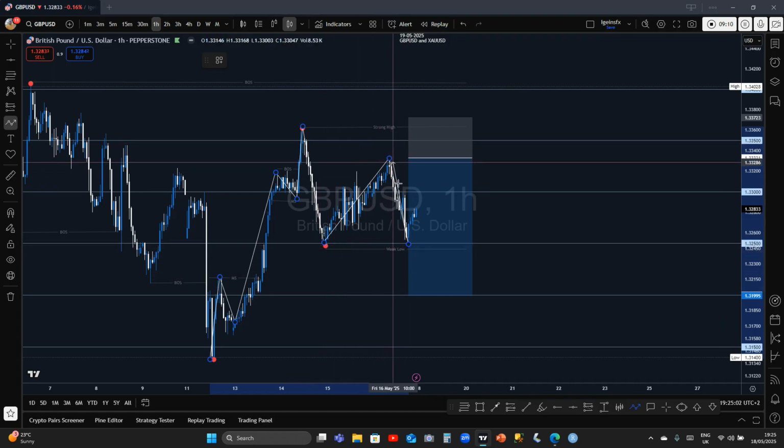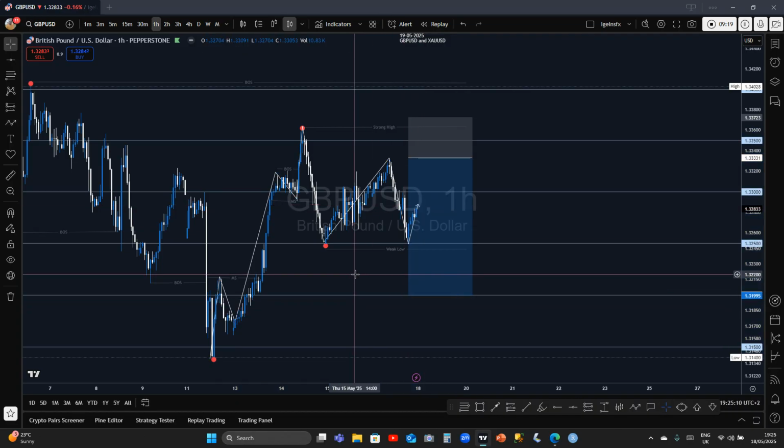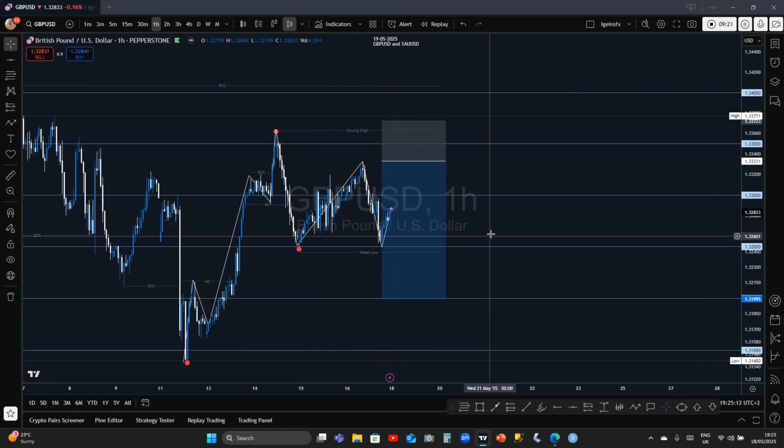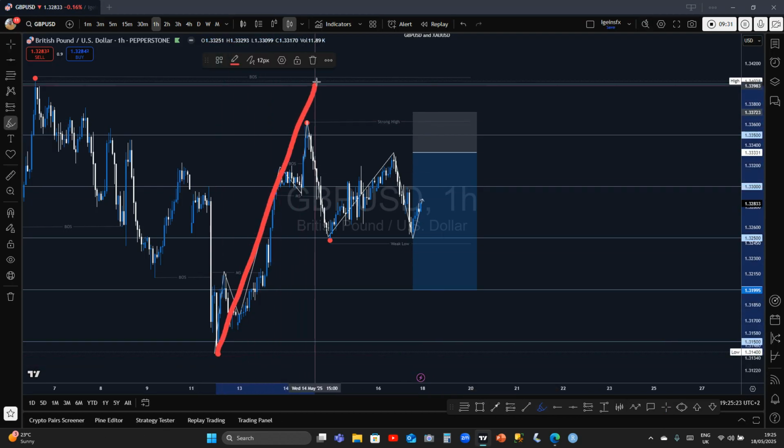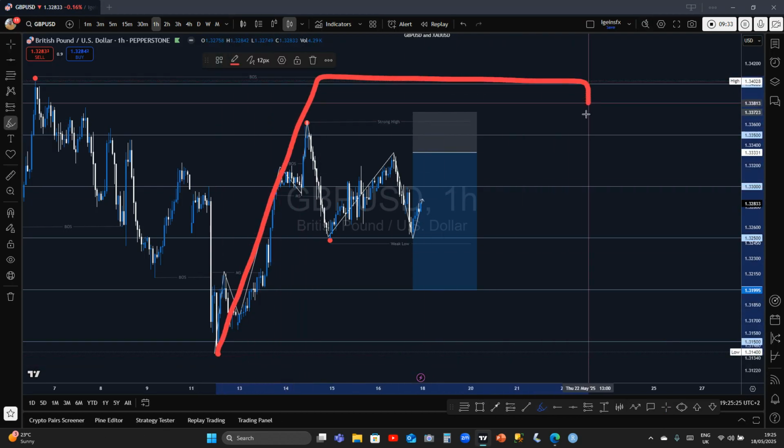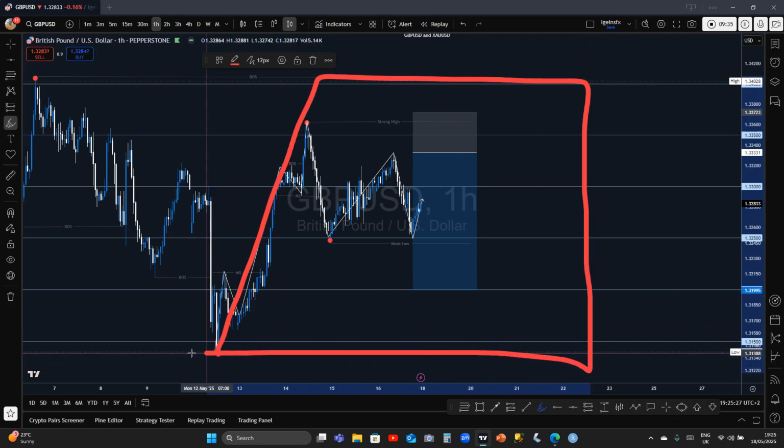He failed to create a low again. Now, price started moving to the upside, then it stopped here. This is where we closed last week, Friday. Now, to make it clear, this level is where we are trading. This is where we should be trading this week.